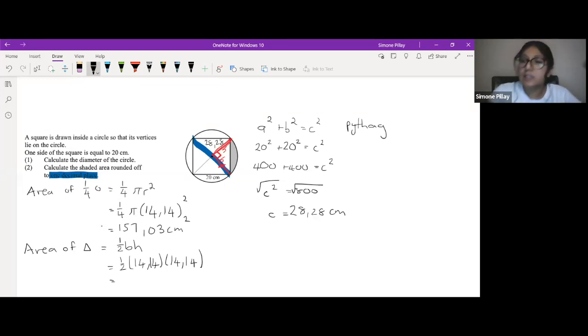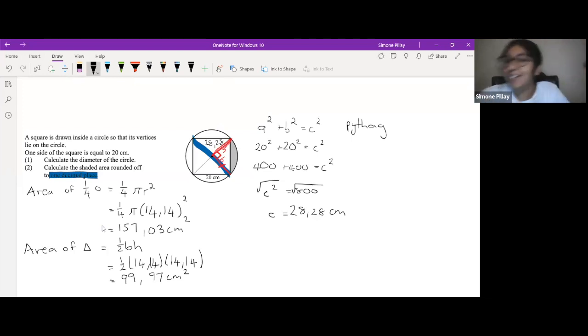I'm getting 99,97. Oh my gosh, somebody verify my answer. It looks wrong. 99,97. Okay, we're getting the same answer. Cool. 99,97 centimeters squared.